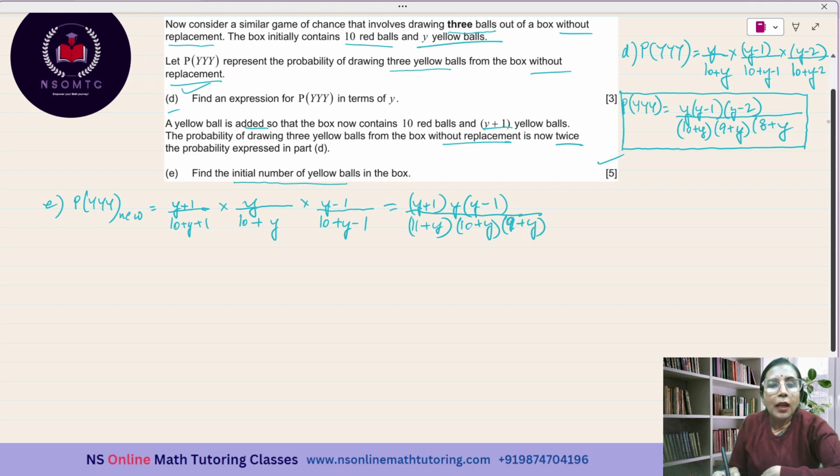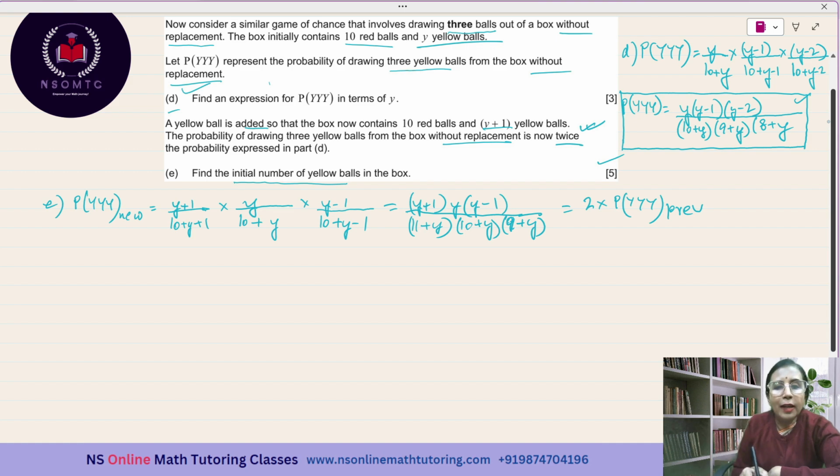Okay, this is the new probability, and they are saying the probability of drawing 3 yellow balls is now twice the previous probability. Twice means 2 times the previous probability. And what is the expression for the previous probability? This is the expression.